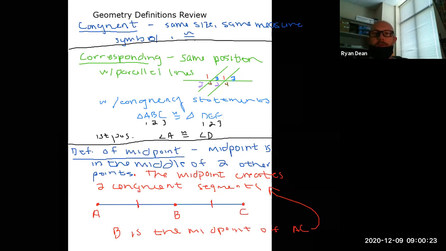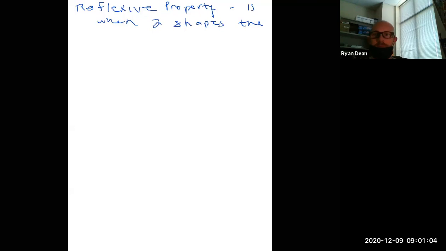Now, the other thing that we need to revisit is the reflexive property. Okay, the reflexive property is super easy. For this unit, it only goes with sides. So the reflexive property is when 2 shapes share the same side.